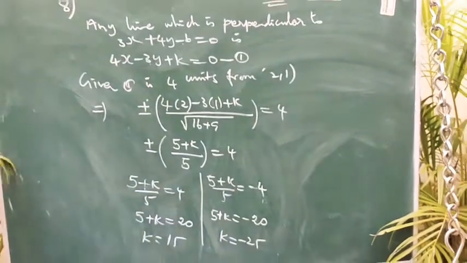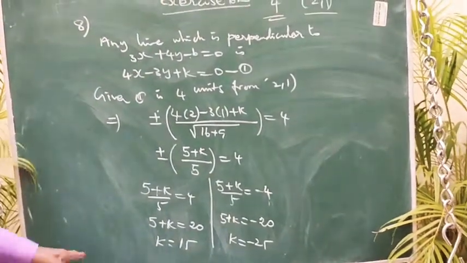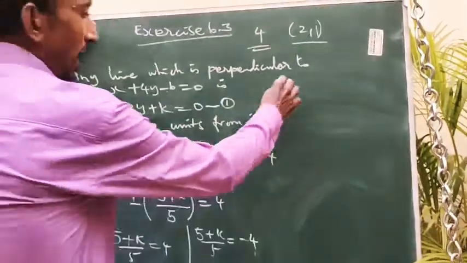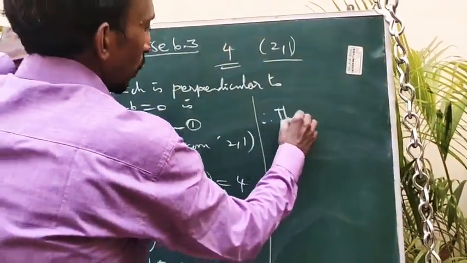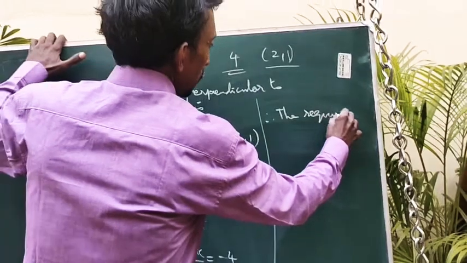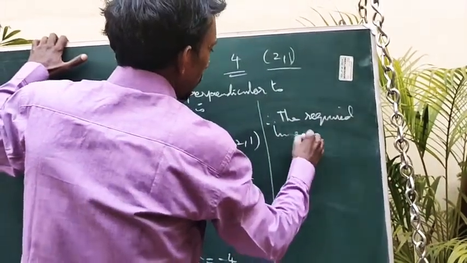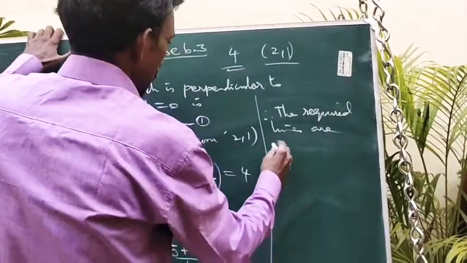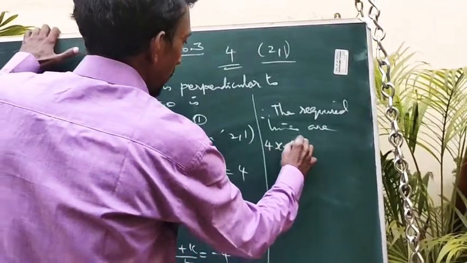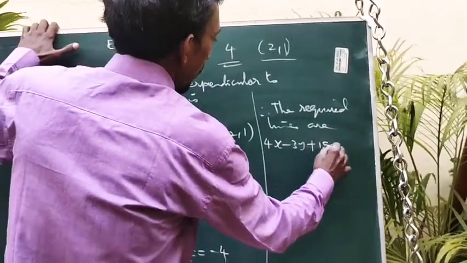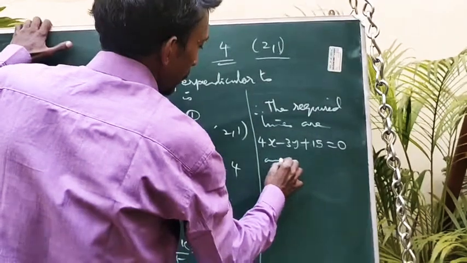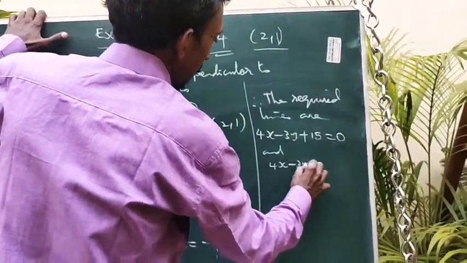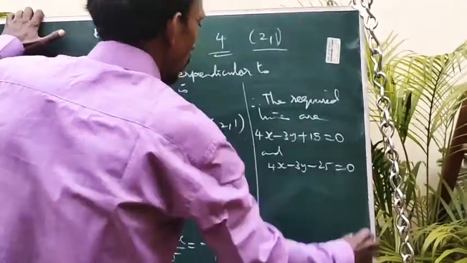We are getting two values for k, either plus 15 or minus 25. Therefore, the required lines are 4x minus 3y plus 15 equal to 0 and 4x minus 3y minus 25 equal to 0.